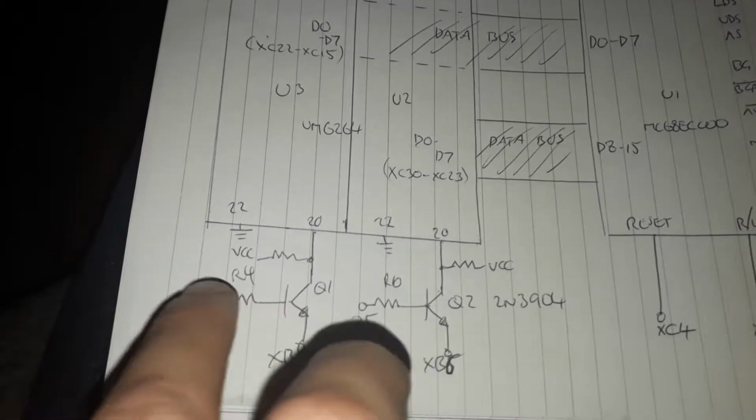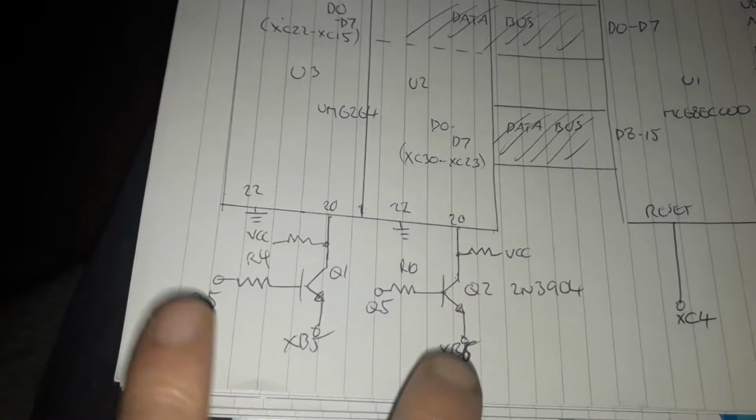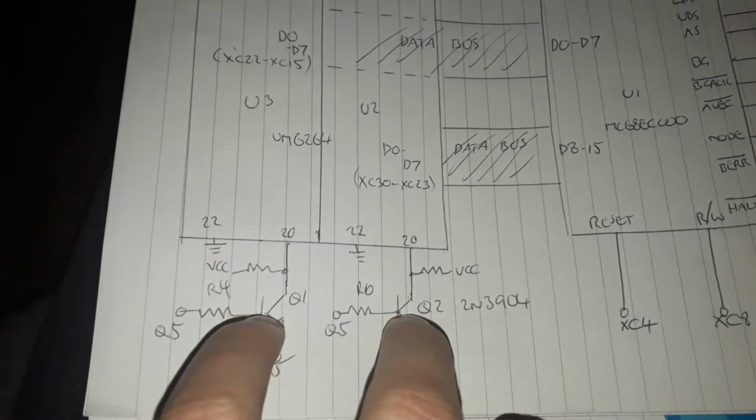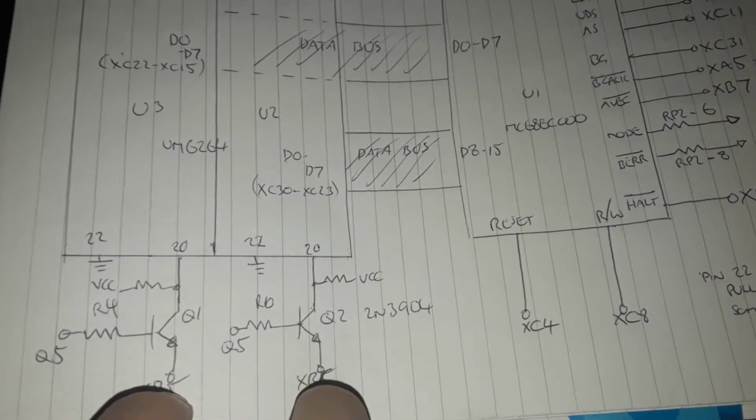You'll see the bases of those two transistors are connected through R4 and R6 to the tie point in Q5. So when Q5 is on, these transistors are biased on all the time. And here's the crafty bit. It's the emitters that go to the edge connector. And it's one of the ASICs on the motherboard.